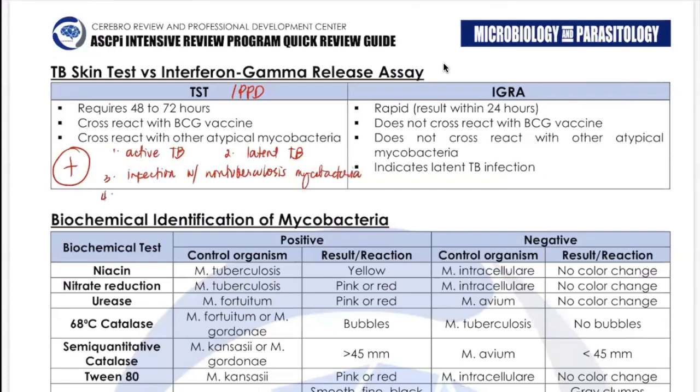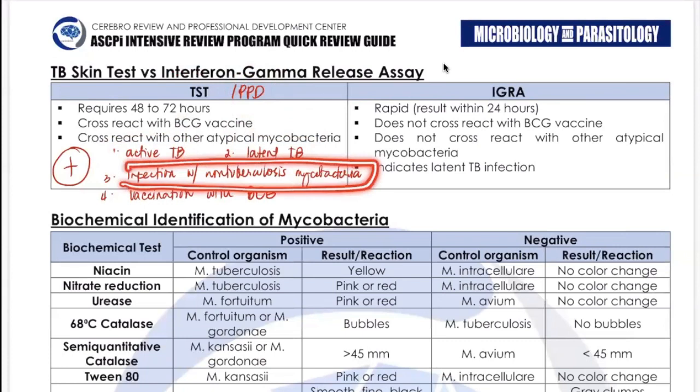And number 4, pwedeng kakabakuna mo lang, vaccination with Bacillus Calmette-Guerin. Okay, so hindi siya ganun ka-specific because again, pag nag-positive tayo sa TST or the TB skin test or purified protein derivative, it could be active TB, it could be latent TB, pwede na yung infection mo is because of other non-tuberculosis mycobacteria, or it could be because of your vaccination with Bacillus Calmette-Guerin.